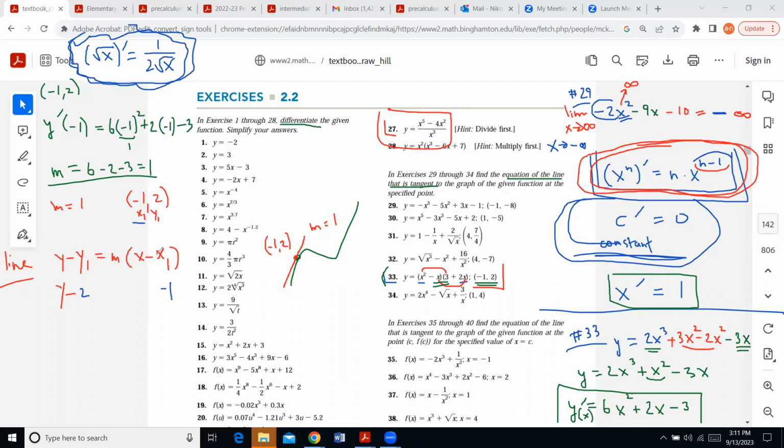And I also have 1 instead of the slope. So you have y minus 2 equals 1 times x minus (-1). This is a formula that you probably used a while ago, the formula for the equation of a line. That's what they want: equation of line or line equation.